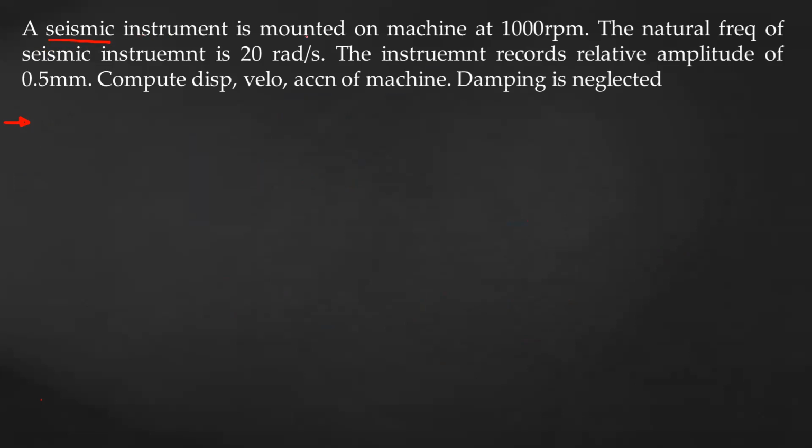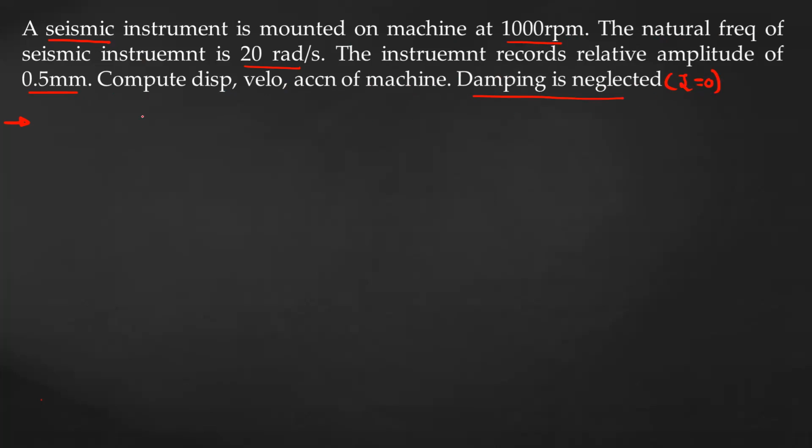The seismic instrument is mounted on a machine which is running at 1000 RPM. The natural frequency of the seismic instrument is 20 radian per second. The instrument records the relative amplitude as 0.5 mm. Compute the displacement, velocity, and acceleration of the machine, and damping is neglected. Okay, so as the damping is neglected, the zeta value is 0.